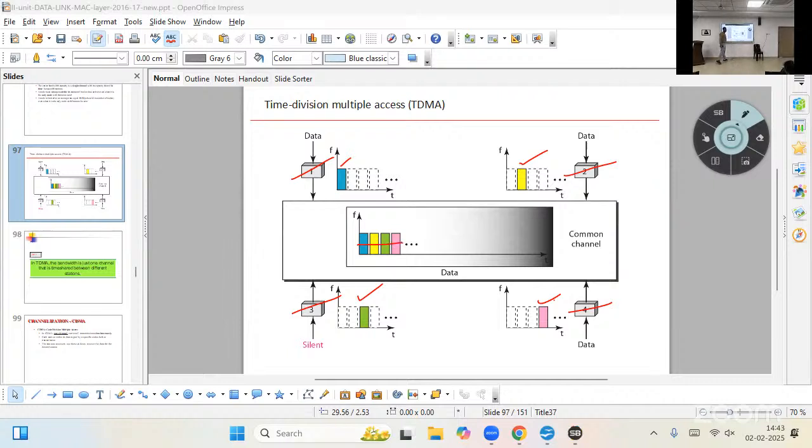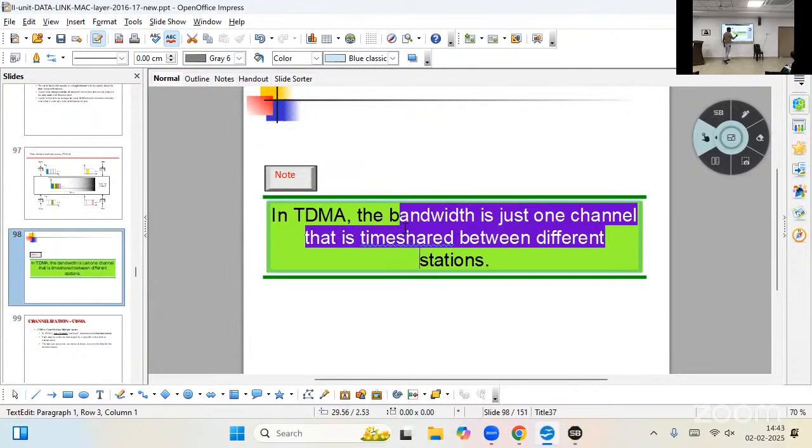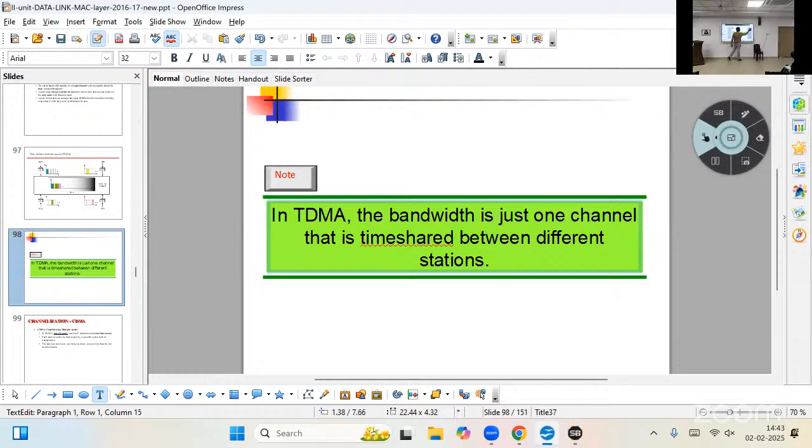They will be transmitted. Okay. So make a note: in TDM you have different time slots. We are given different time slots.